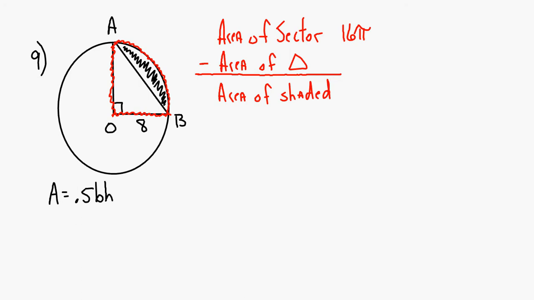Well, the base and the height, they're both radiuses. So it's 0.5 times 8 times 8. So your area is equal to 0.5 times 8 is 4 times 8 is 32. So the area of the triangle is 32.